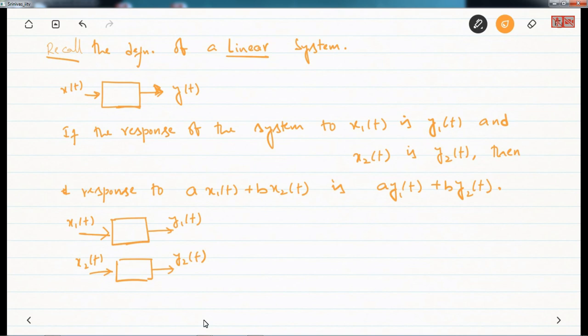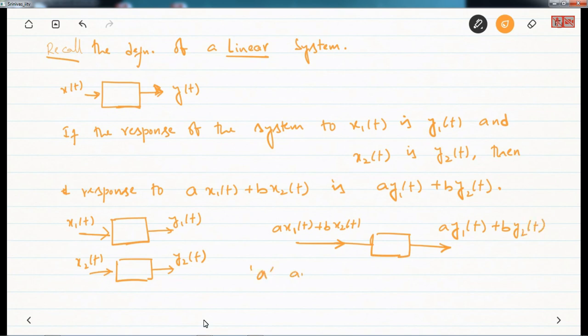So what we are saying is that if we give a linear combination of these inputs, a x1 of t plus b x2 of t, to this system, then the output will be the linear combination of the previous outputs, a y1 of t plus b y2 of t.